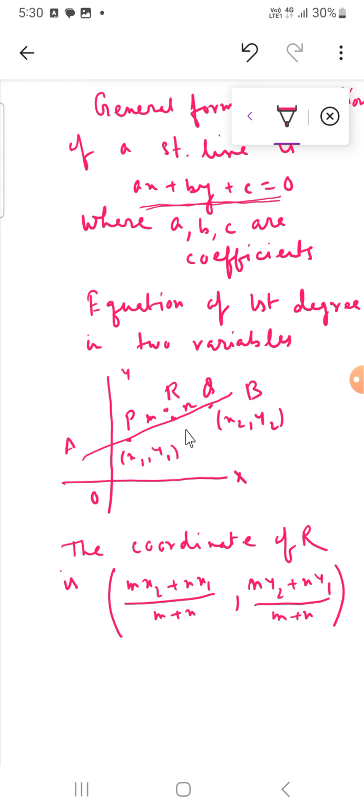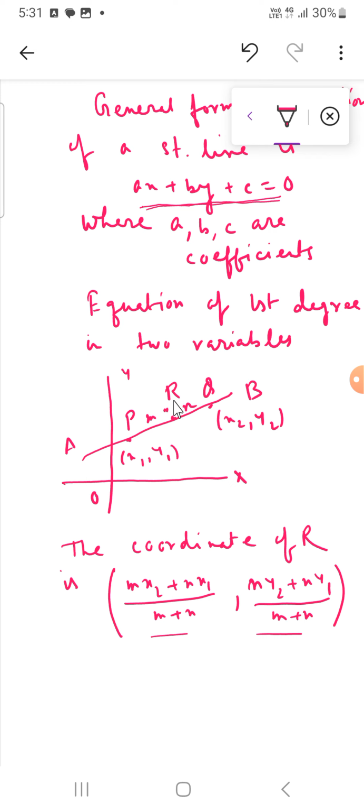Now if we put these coordinates in the left hand side of this equation and find out whether it is equal to 0 or not, then we can say whether R, any point on PQ, lies on the line.